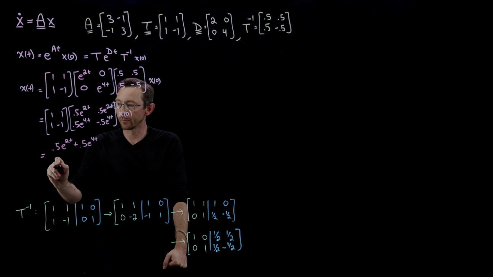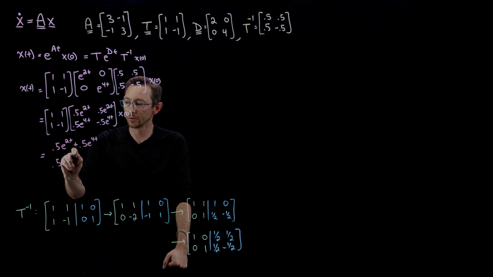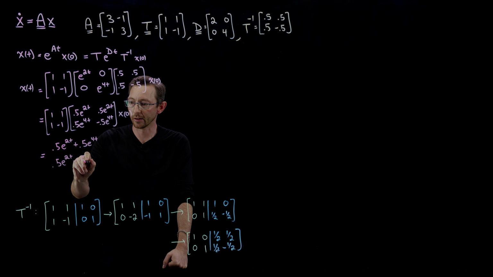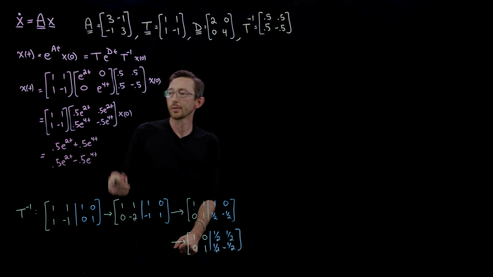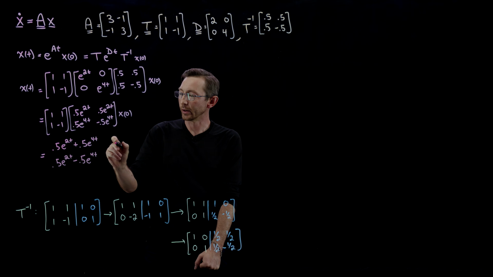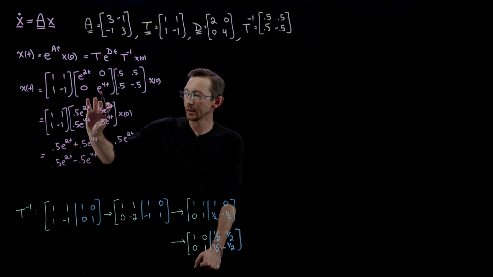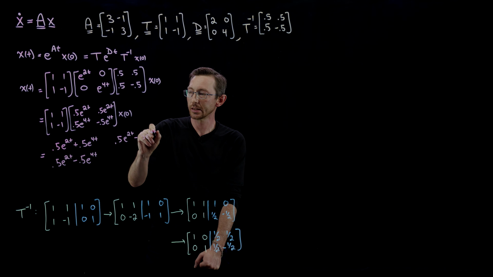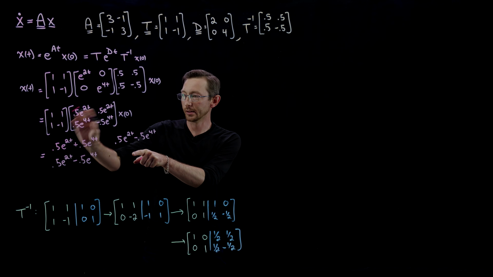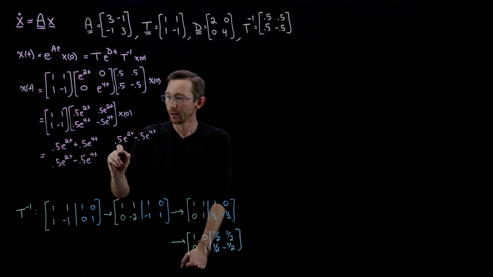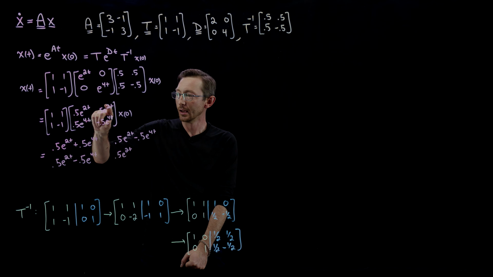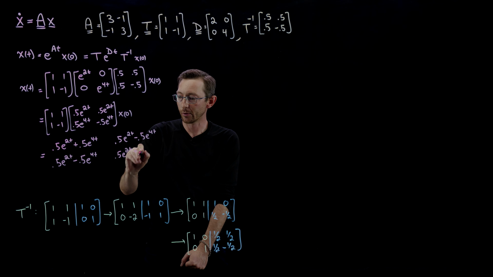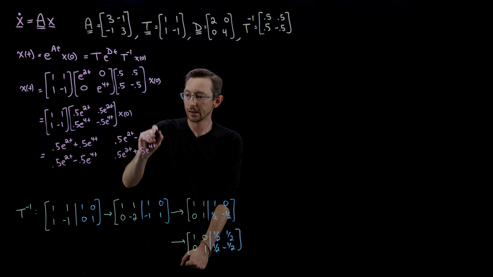Down here, I'm going to get 0.5 e to the 2t minus 0.5 e to the 4t. And then for the right column, I'm going to have 0.5 e to the 2t minus 0.5 e to the 4t. And then the bottom right is going to be 0.5 e to the 2t, negative is plus 0.5 e to the 4t.